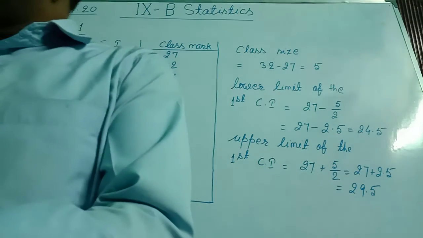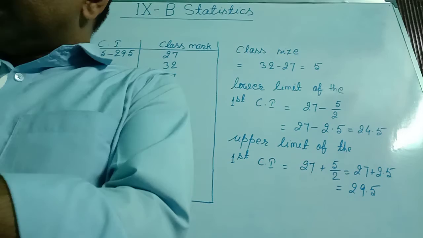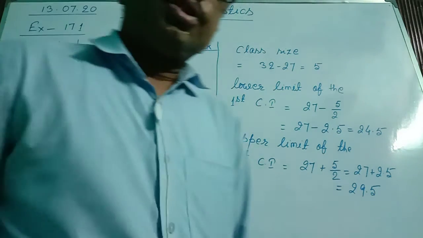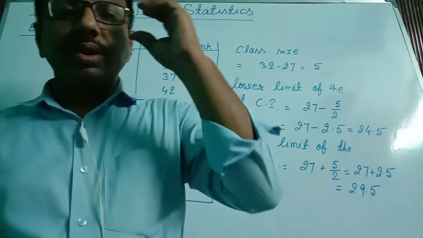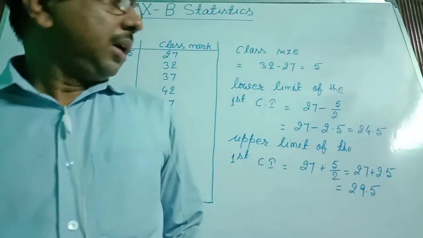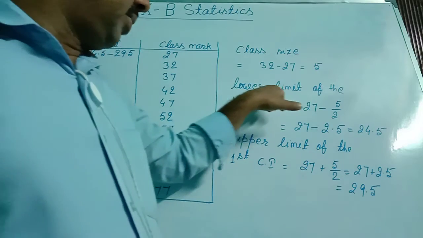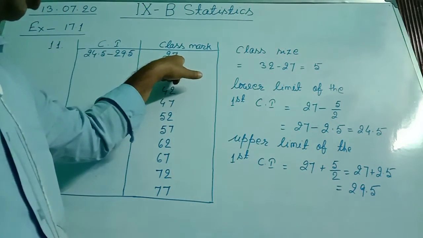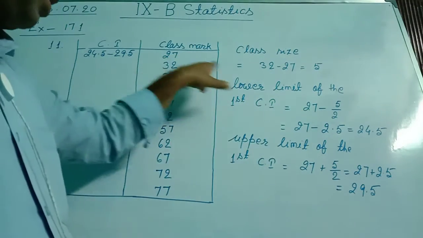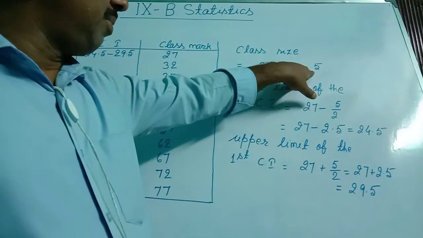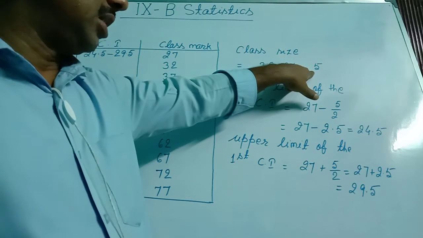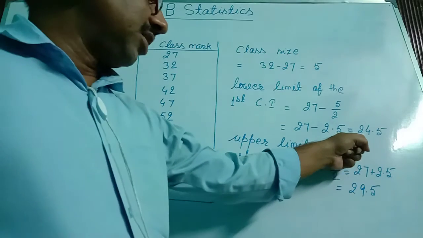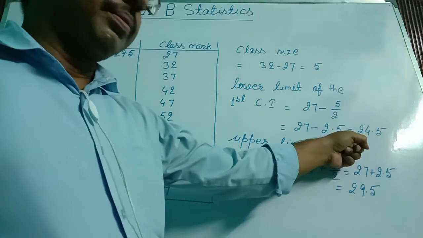Now the second question is to prepare the true class limits. For that we prepare lower limit and upper limit. For the lower limit of the first class interval, use the first class mark 27 and subtract half of the class size. Class size is 5, subtract 5 by 2. This subtraction will give you 24.5.